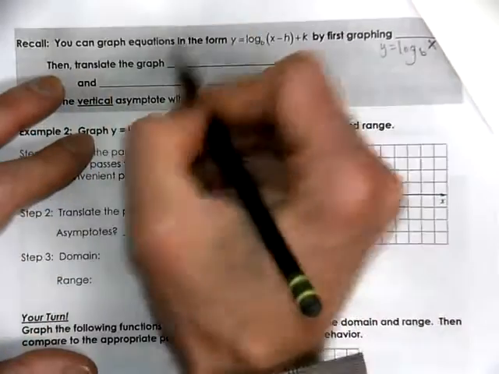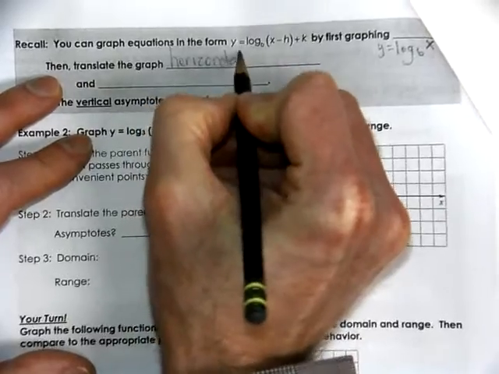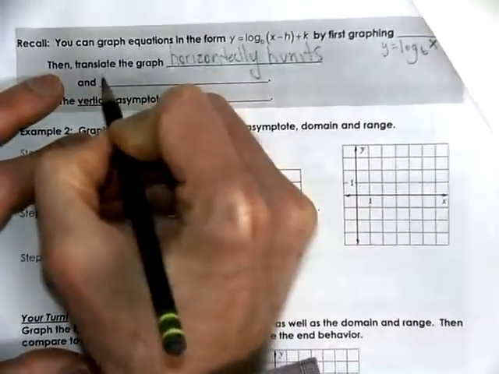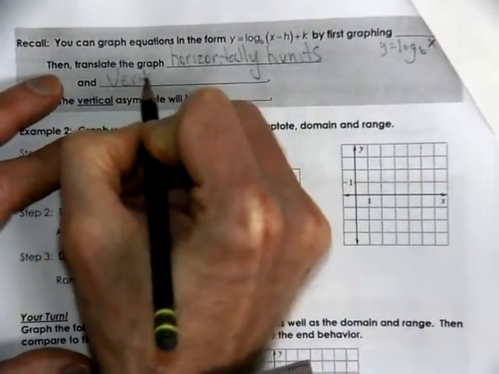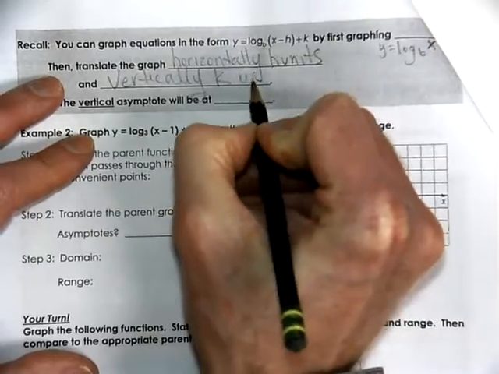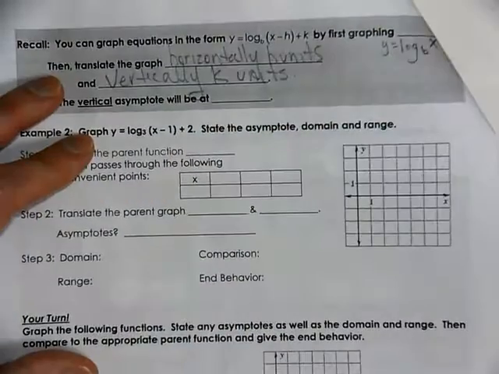And then we're going to translate it horizontally, h units, and vertically, k units. We've written that for most every type of function we've done so far.